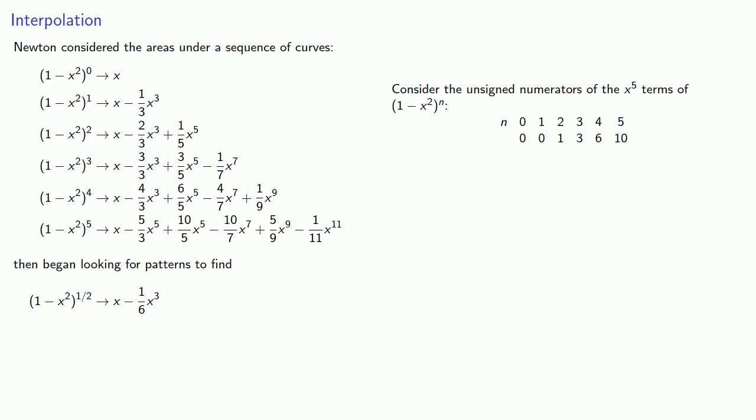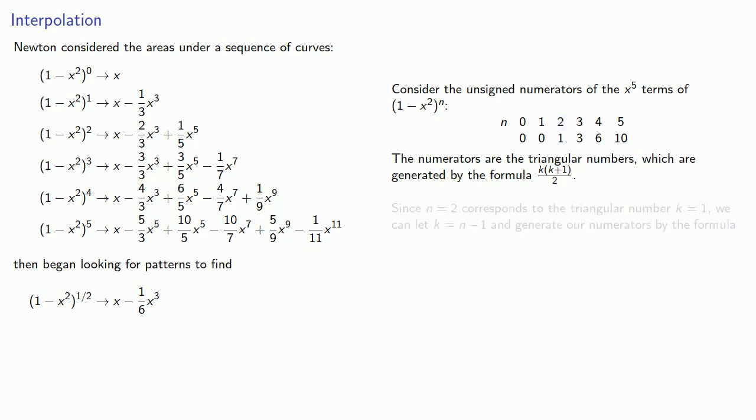Now remember, Newton is learning mathematics at a time where these number properties are part of everybody's education. So Newton actually recognizes this series. These numerators are the triangular numbers, which are generated by the formula k times k plus 1 over 2. Now we have to do a slight reparameterization here. Since n equals 2 corresponds to the triangular number k equal to 1, we can let k equal n minus 1 and generate our numerators by the formula n minus 1 times n over 2.